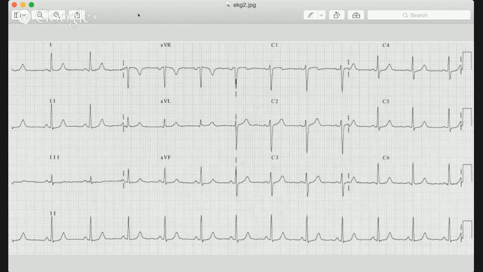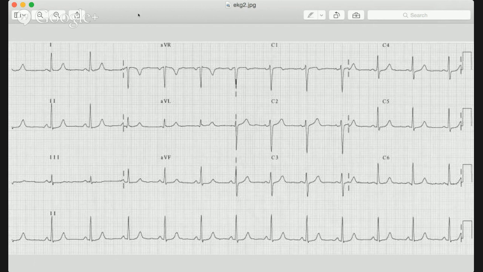Also, do you see a presence of any Q waves in any of these leads, meaning a downward deflection before your QRS? I don't see any Q waves either. So we're going to determine there's no presence of any of these things. So we'll say there's no evidence of any kind of ischemia or infarction in this EKG.